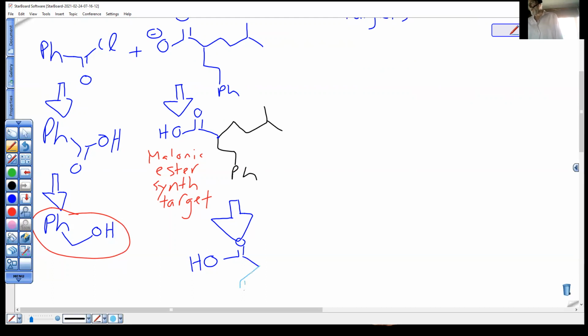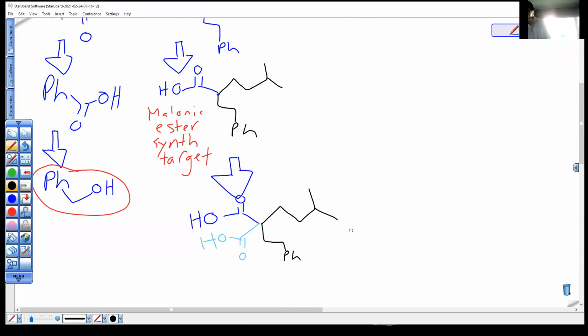It had 2 carboxylic acids. The only reason this one was there was so that we had an alpha carbon that was alpha to 2 carbonyls. And that is a malonic acid with 2 alpha groups. It needs to be a malonic ester so that you can access the alpha position.